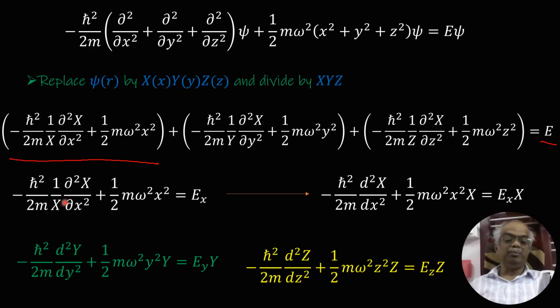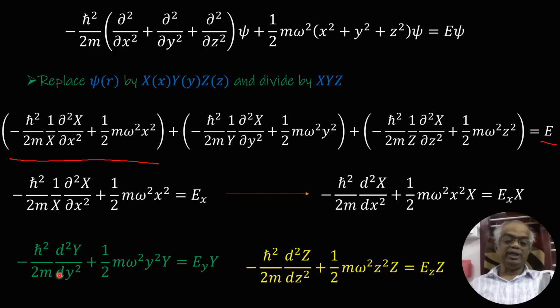Then you multiply this equation by capital X, and the 1 over X gets cancelled. This becomes minus h cross squared over 2m, d squared X over dx squared, plus 1/2 m omega squared x squared times X, equal to E sub x times X. Here you can notice that I have replaced the partial derivative with a full derivative, because this depends only on x.